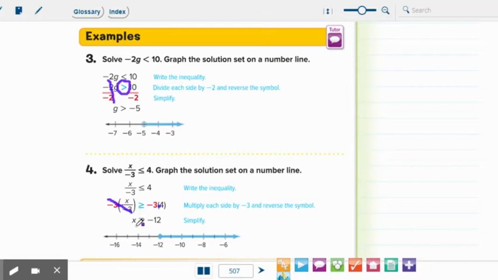Bring down your variable x. -3 times 4 is -12. As you can see, we flipped the inequality symbol in the middle. So the solution is x is greater than or equal to -12. Once again, we use the flip-flop rule, when you flip the inequality symbol when you multiply or divide by a negative number.